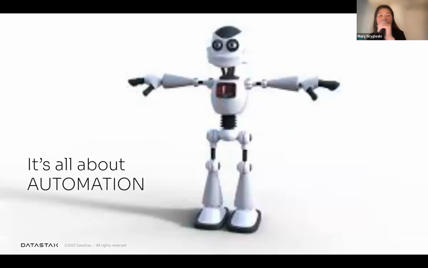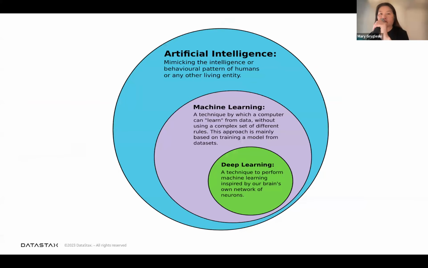Okay, moving forward, we're talking about automation, which is what we want to do. This diagram, I think all of you are very familiar with. It's the diagram of AI, and it's really encompassing. Basically, you want to mimic the intelligence and behavior patterns of human beings and other living entities.